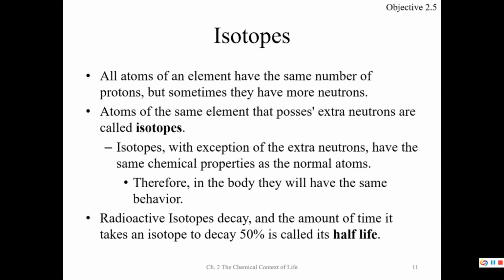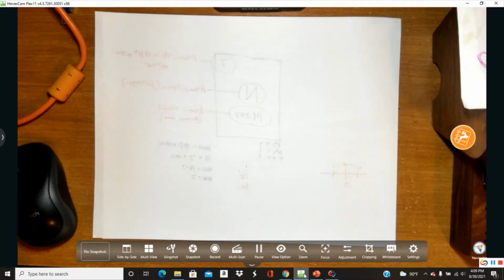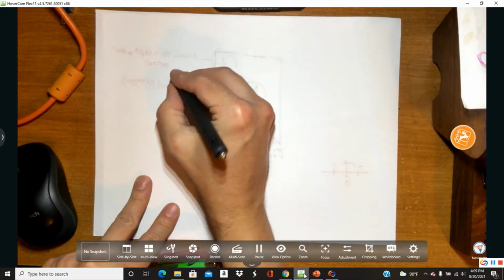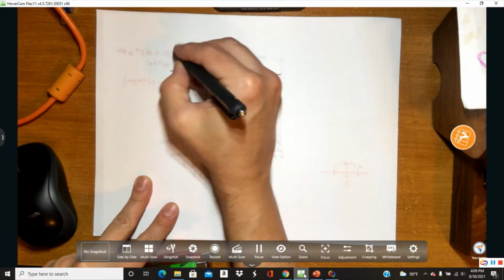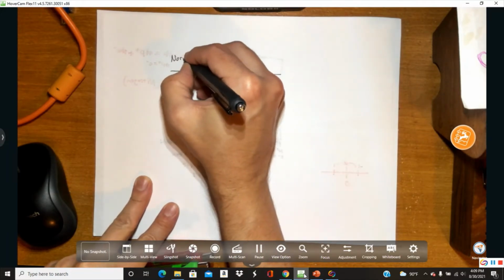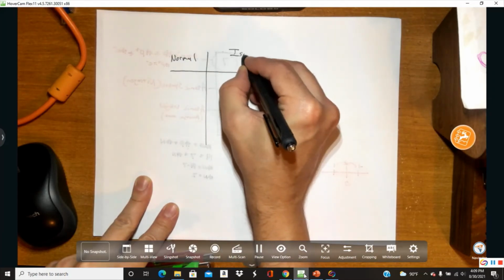Now, you could be above that average, you could be below that average, or you could be exactly average. What we want to help you understand is that some people did better than average. Now, let me use our good friend carbon to explain this phenomenon. We're going to talk about a normal atom of carbon, and then we're going to talk about some isotopes of carbon.